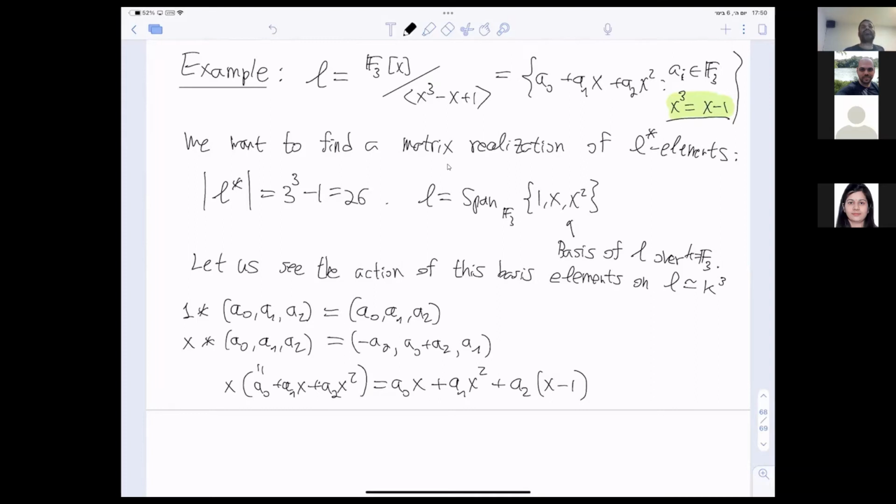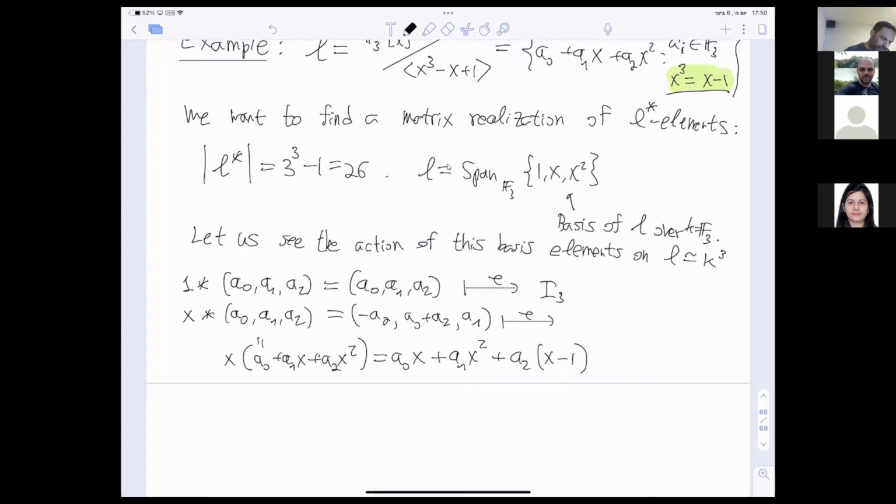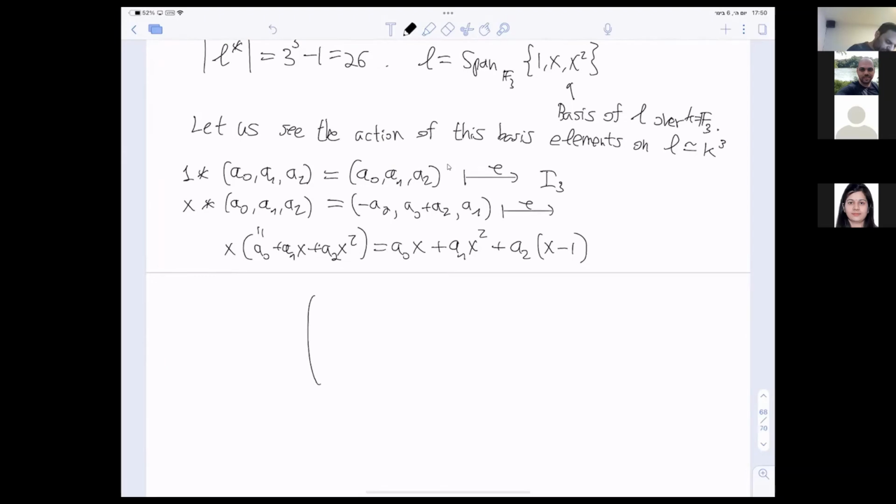Is it clear? Yeah. So what is the matrix? Here the matrix under phi of 1 was very simple. It was just I. But here, the matrix is here. So, okay, let us think of it.